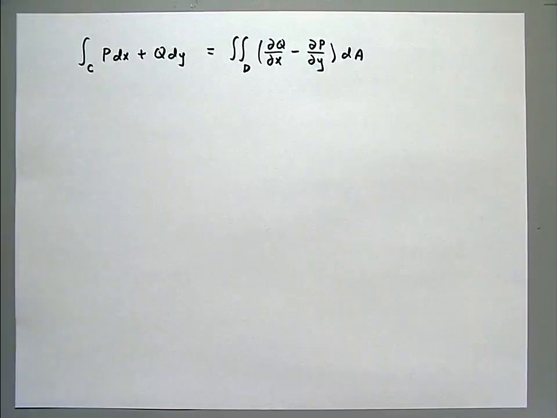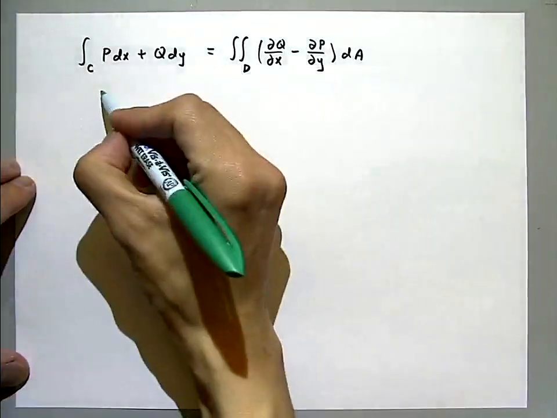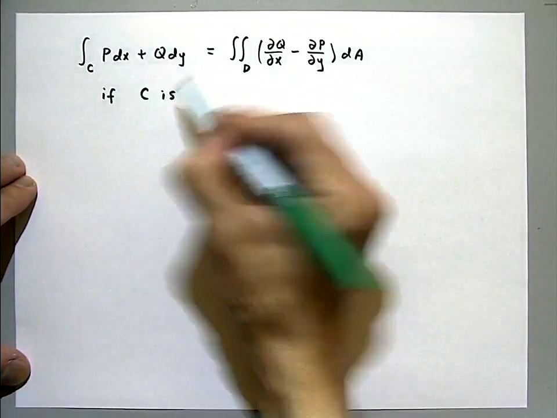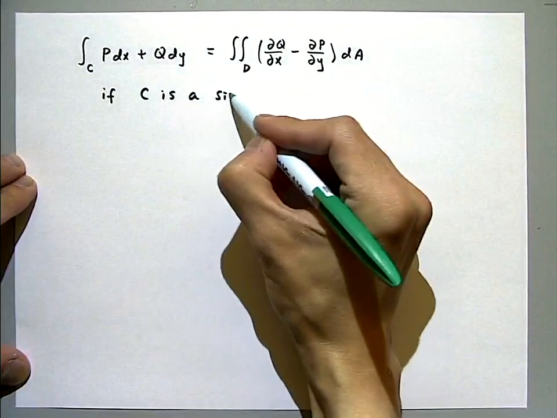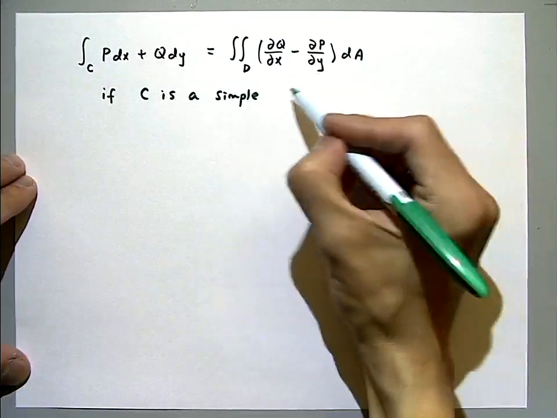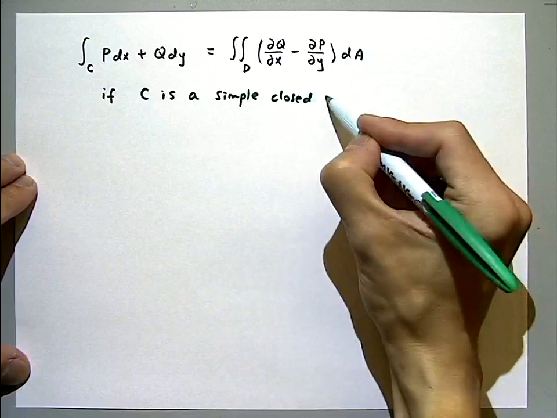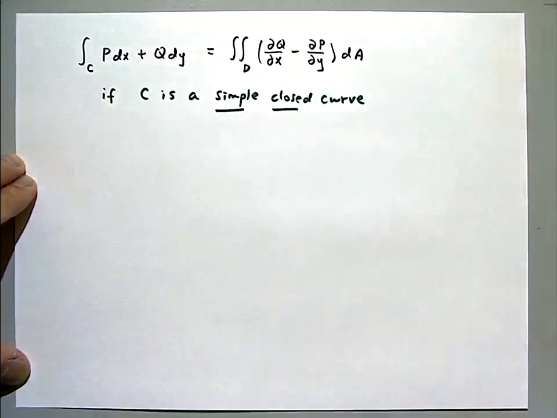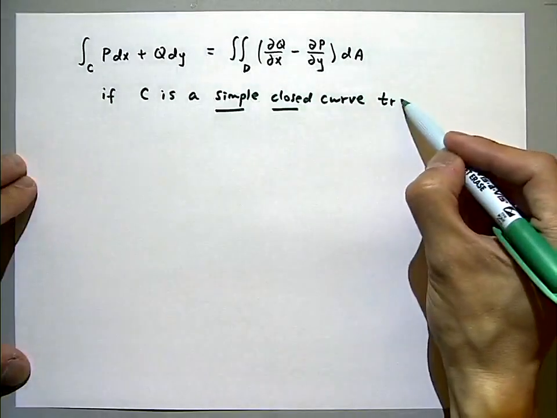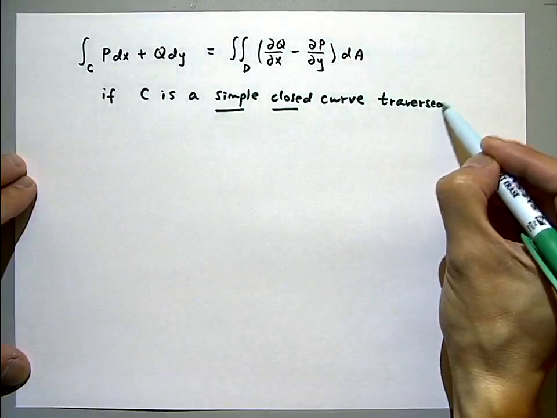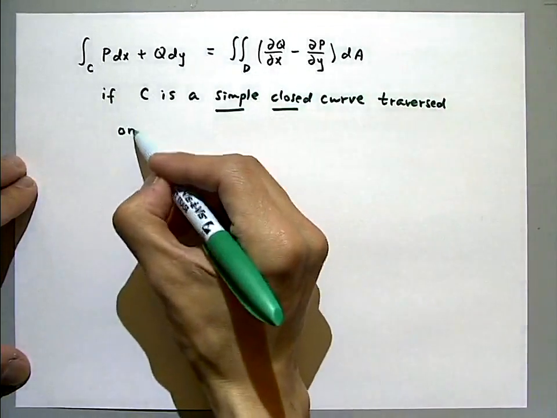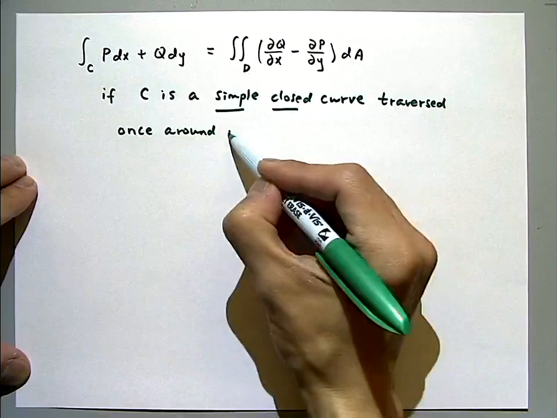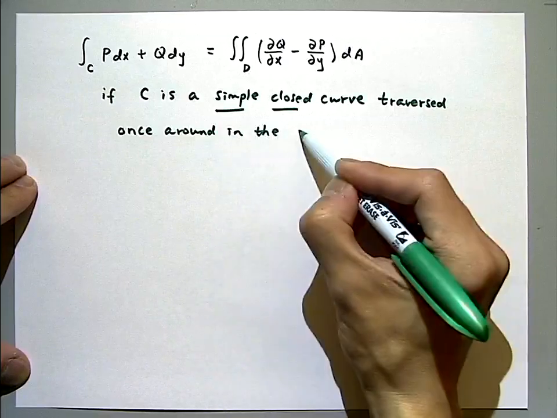A couple very important requirements for this thing to hold true is that we require C to be a simple closed curve, traversed once around in the counterclockwise direction.